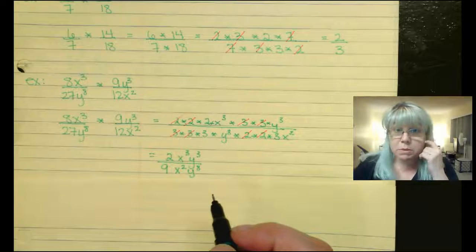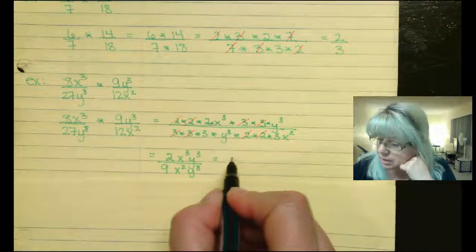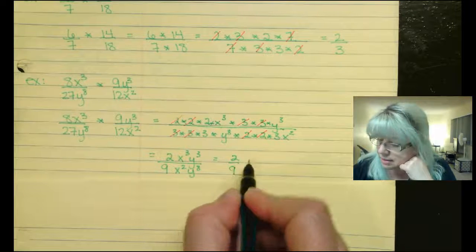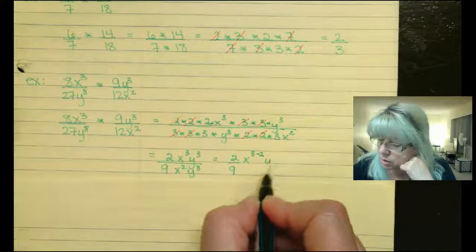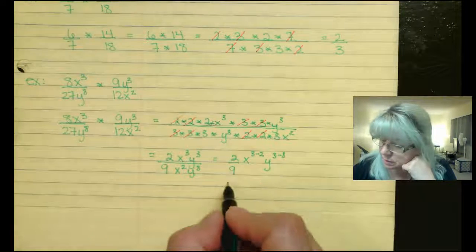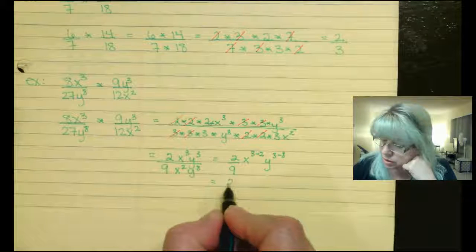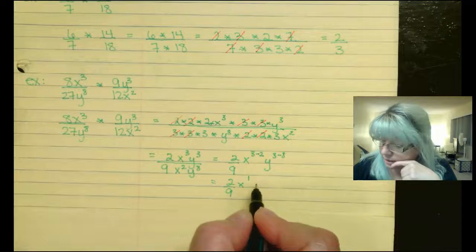Now I do need to remember my exponential rules here. That's going to be 2 ninths, x to the 3 minus 2, y to the 3 minus 8. 3 minus 2 is a 1.